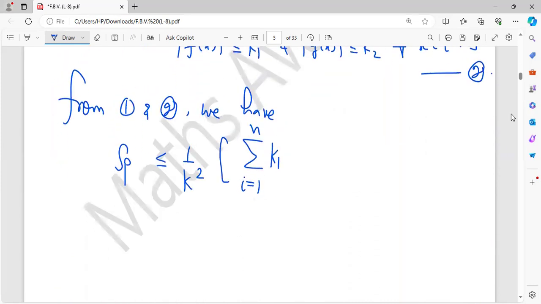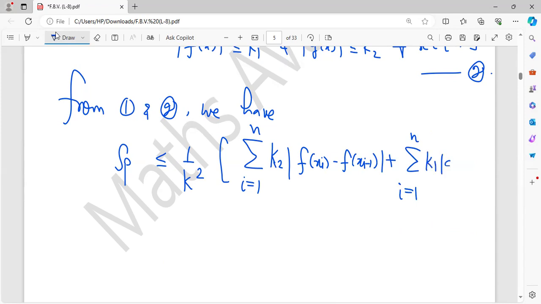So I should keep K2 here: K2 times |f(x_i) minus f(x_{i-1})|, i goes to 1 to n, and K1 here times |g(x_i) minus g(x_{i-1})|.